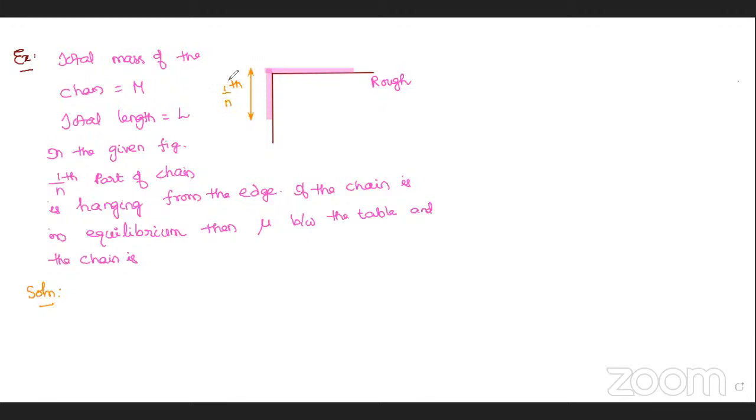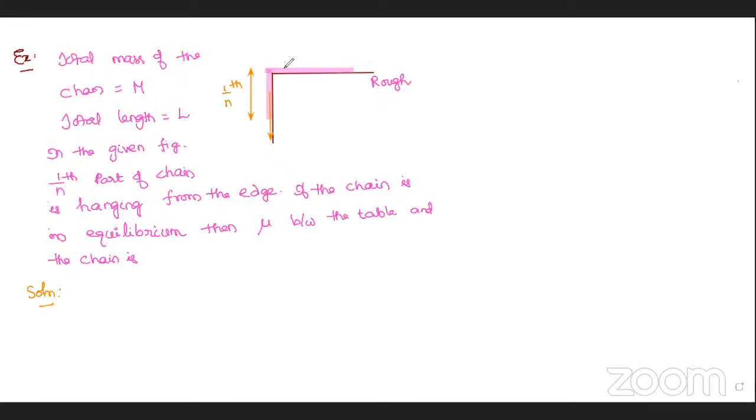Like 1 by 2, half; 1 by 3, one-third; 1 by 4, quarter; 1 by 5th, 1 by 6th; like 1 by nth part is hanging. Then the mass of this 1 by nth part is placed vertically, and the weight of this 1 by nth part will try to pull the chain to fall down.